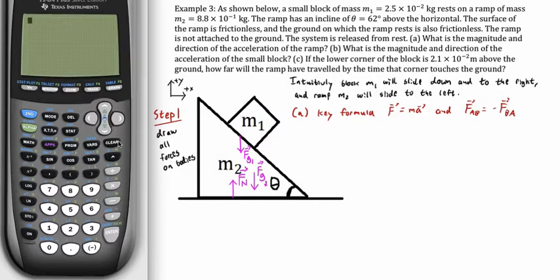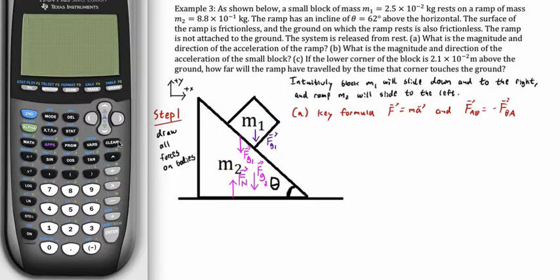All right. Meanwhile, on M1, I'll use a different color, and the forces acting on M1, well, there's gravity. So that right there is Fg1, the same force that acts on mass 2, exerted by the Earth on mass 1. And then mass 1 also experiences a normal force.